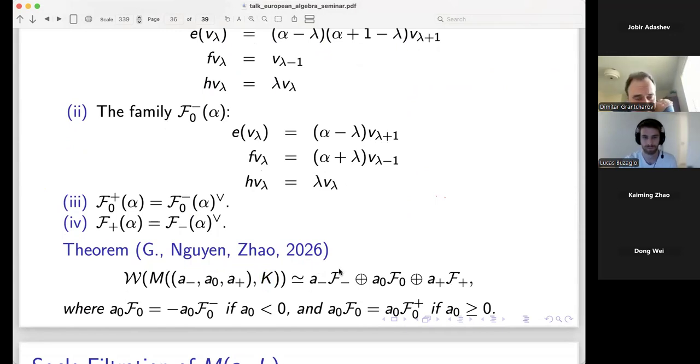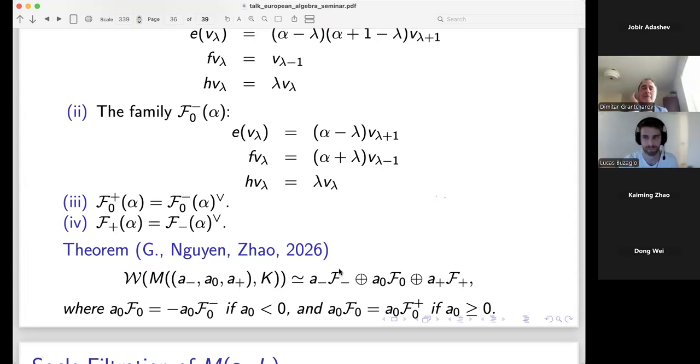Sorry to interrupt. I think the answer is, generally for our modules, W of M will not be simple. So if M is simple, then you get just dimension one weight modules.